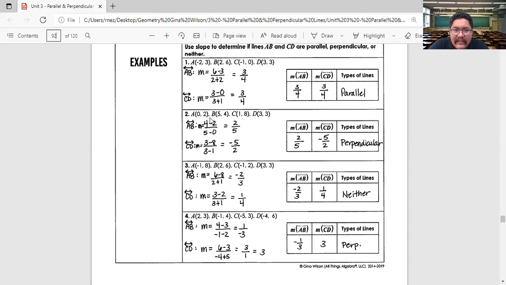Sometimes it's good to label them, and normally I would label them as I go through these. So I'll put like 2 here, 1 there, I'll show you where each number goes. But anyway, working the top number, bottom number, and we get 2/5. So the slope of the line through A to B would be 2/5.